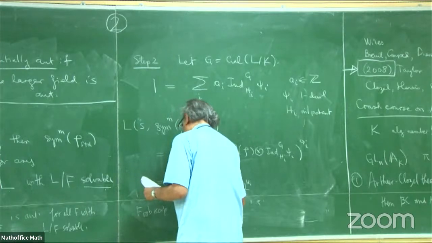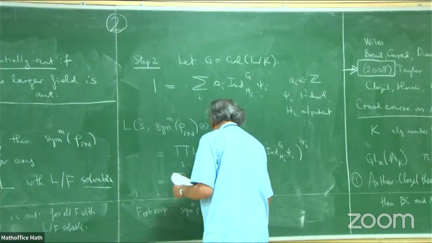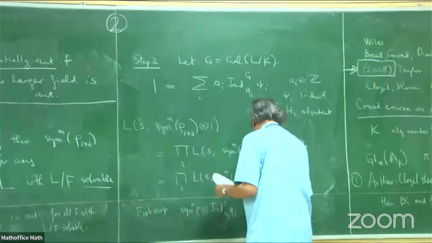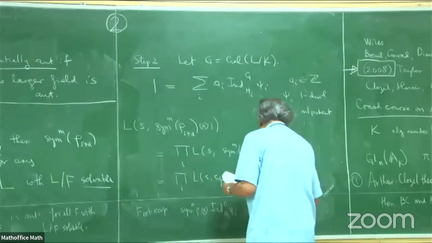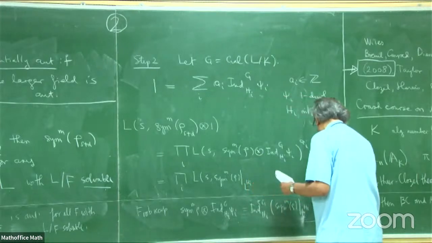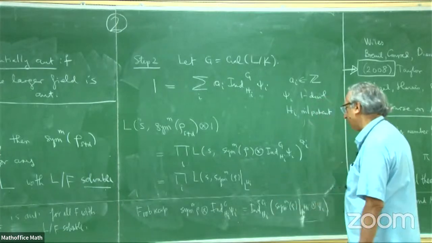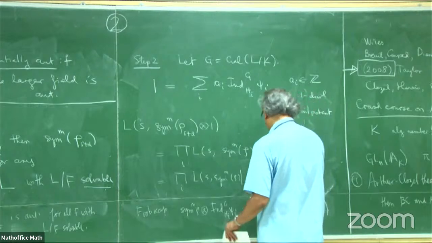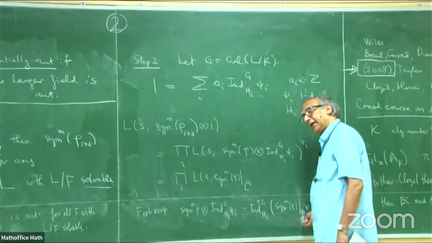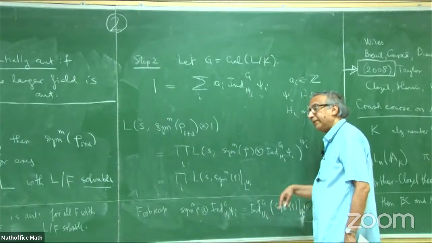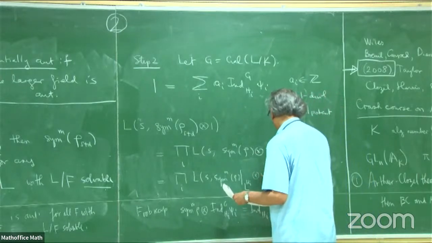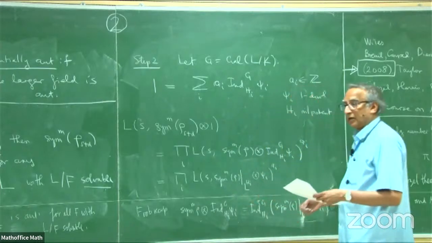Symmetric m of rho tensor induction from H_i to G of psi_i is the induction from H_i to G of the symmetric mth power of rho restricted to the fixed field of H_i tensor psi_i. So I'm going to apply this Frobenius reciprocity theorem to this piece here, and then use the fact that the L function of this representation is the same as the L function of that one. And then there's a little exercise you have to do. The L functions are invariant under the induction operator. Therefore, I can drop the induction and just write this. This is a basic functorial property.